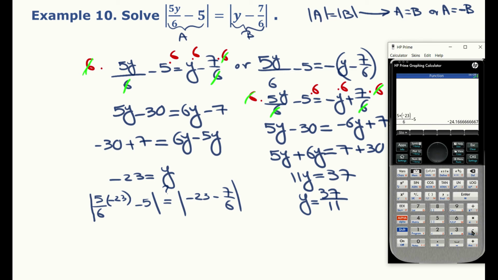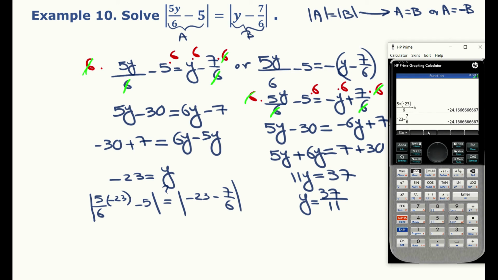So we get negative 23 minus 7/6. Now I already know that once I hit equals, I better get either this or its opposite if this is going to become a true equation, right? And I get exactly the same.